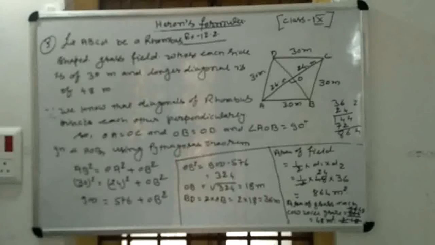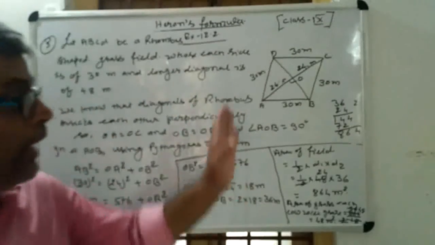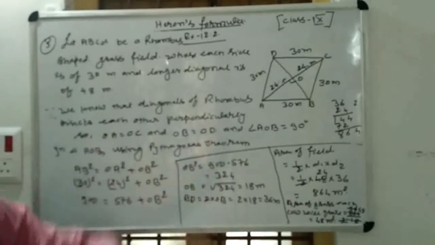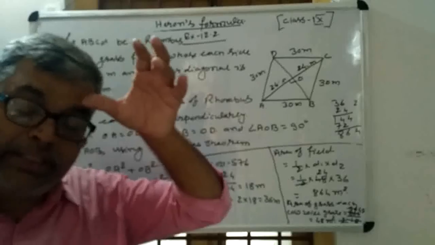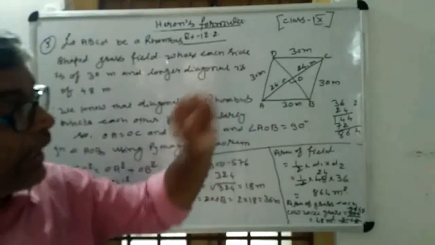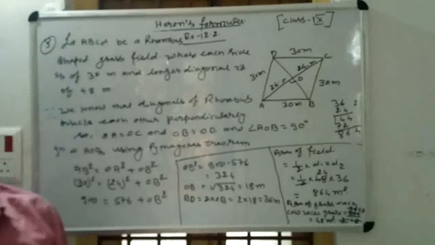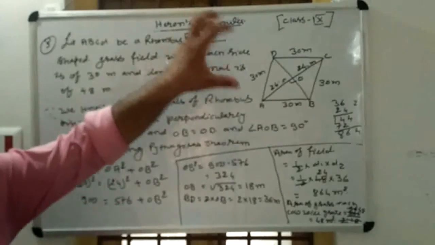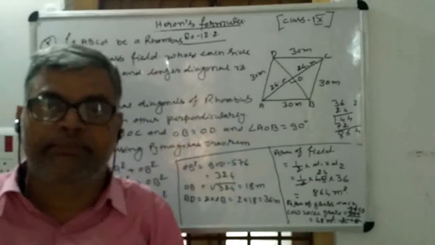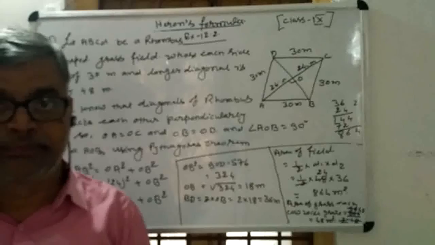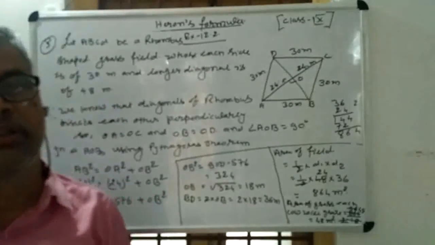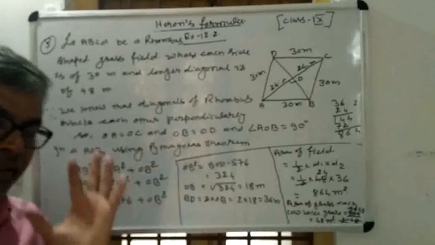So children, in this question, the question was saying that ABCD is a rhombus-shaped field of green grass, whose each side was 30 meter and the longer diagonal was 48 meter, and the grass has to be grazed by 18 cows. You are supposed to find the area of grass each cow will graze.